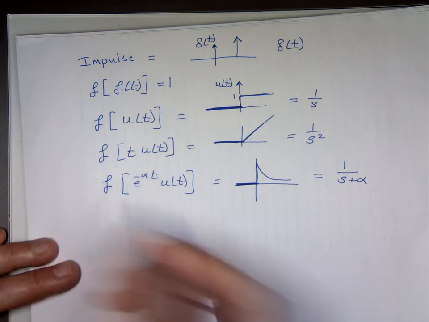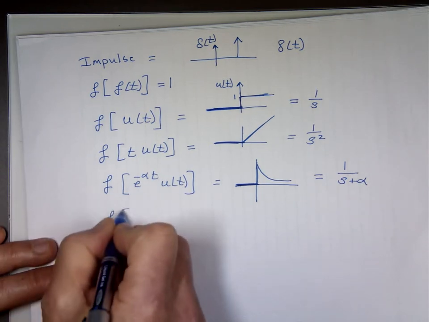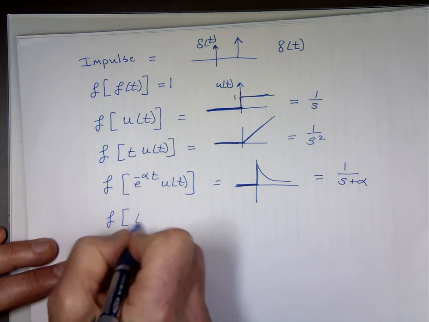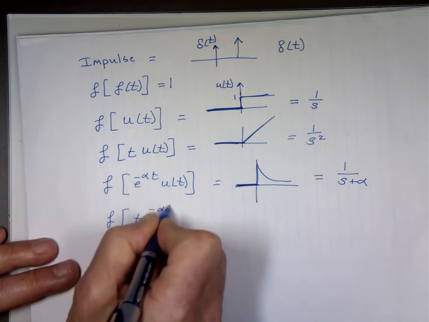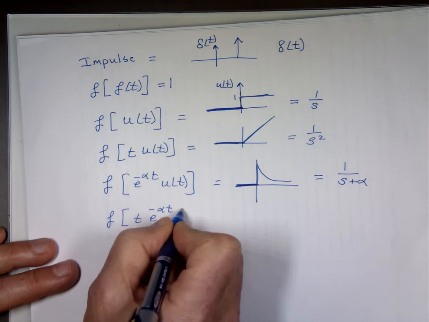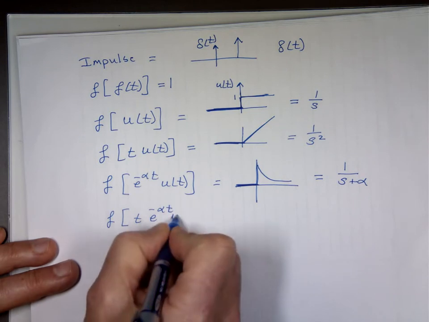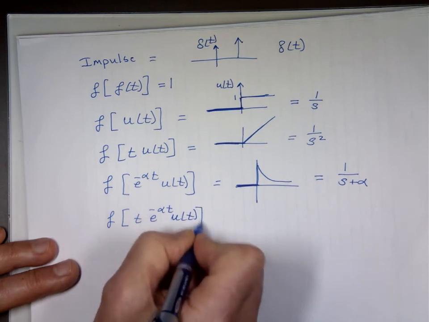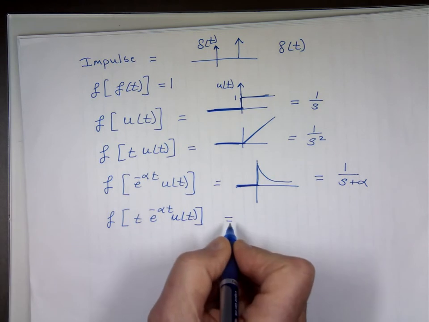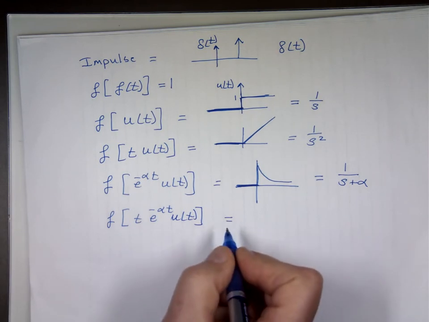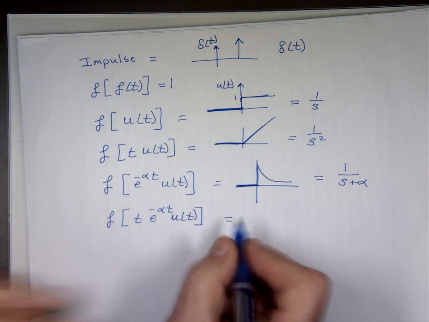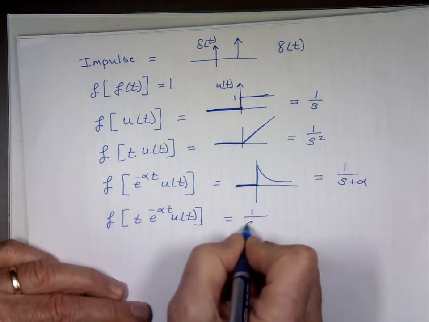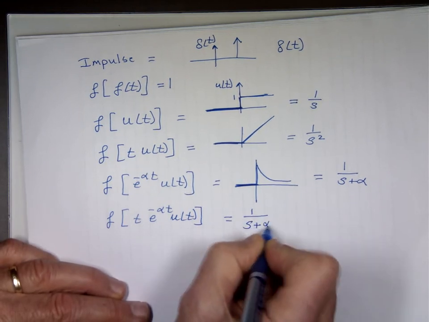And these, I'm just going to write them down. The Laplace of t e to the minus alpha t times u sub t. Again, all these are from 0 on, so I'm tired of writing u sub t there. The Laplace of that is 1 over s plus alpha squared.